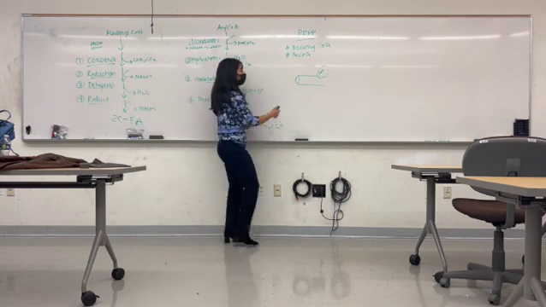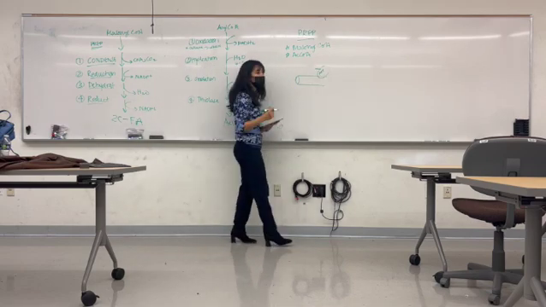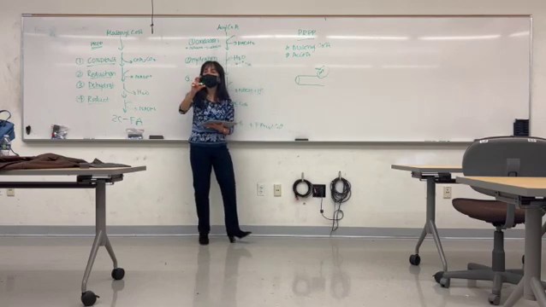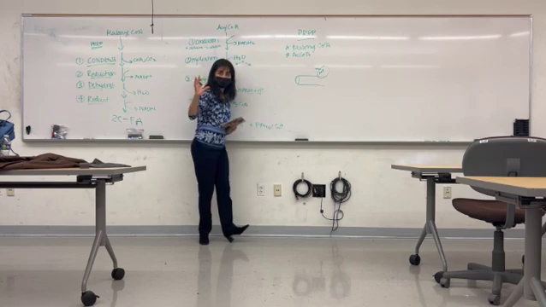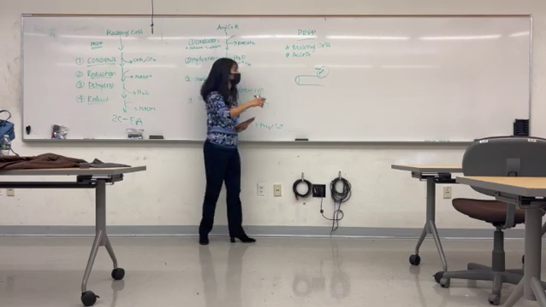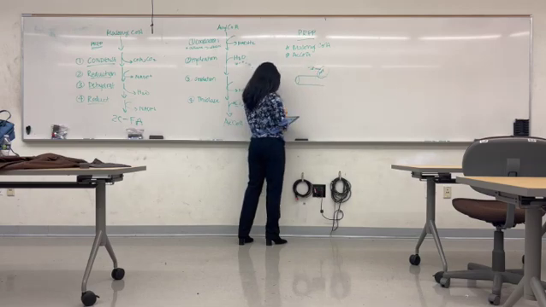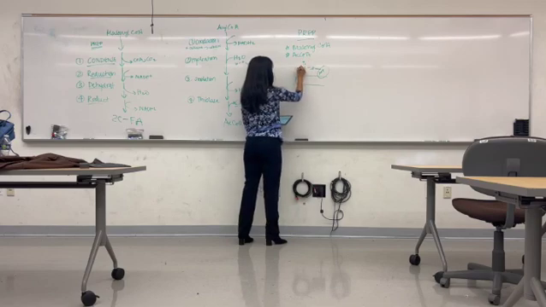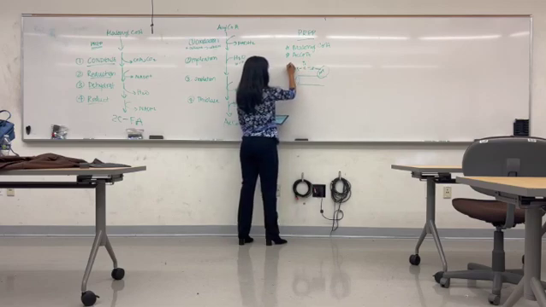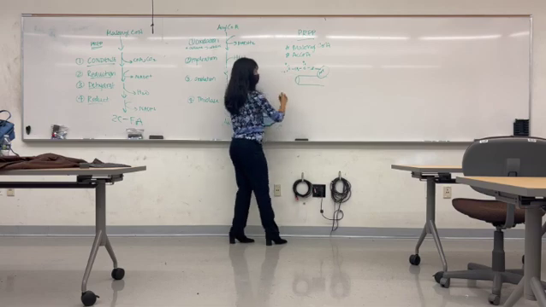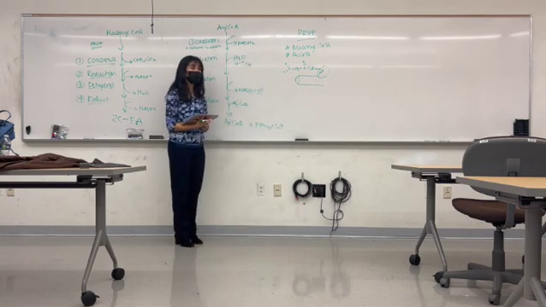What's happening here is that the ACP is going to have the Malonyl Co A on it. The Malonyl Co A is going to be the first compound on this thing. What does it look like? Looks like this. Make sure I'm drawing it right. That's what it looks like, Malonyl Co A.